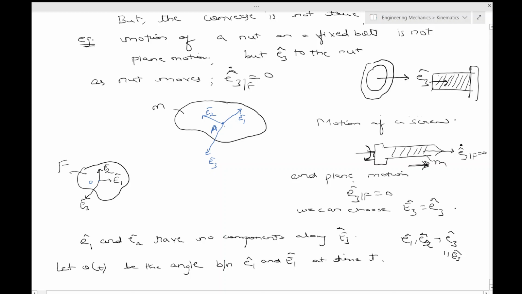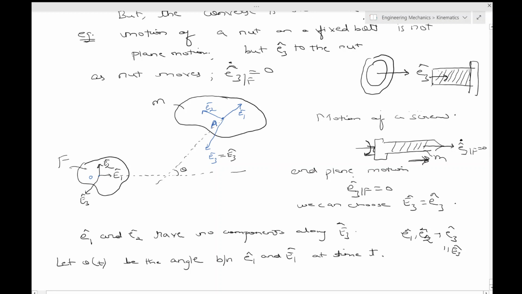So if this is the line along small e1, and this is the line along big E1, clearly this angle is theta at a given time t. It might get slightly messy, so I'm not writing it out, and I'm writing this as E3 because we have chosen it in this form. The reason we could do it is because E3 dot with respect to F was 0. So let theta be the angle between E1 and E1 at time t.